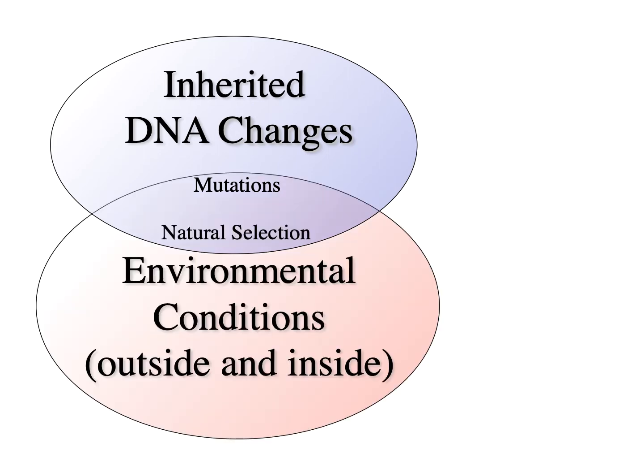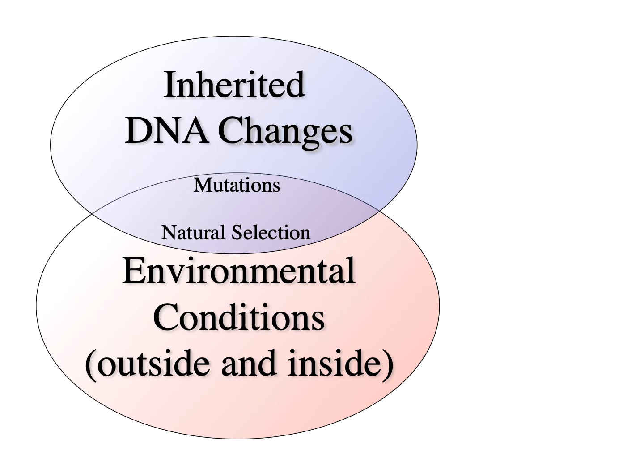Next, there are environmental conditions that change, both inside the organism and inside the cells, as well as outside of those organisms. Those are the ones that most people consider, but I'll be talking about both types in this class. And that leads to natural selection.